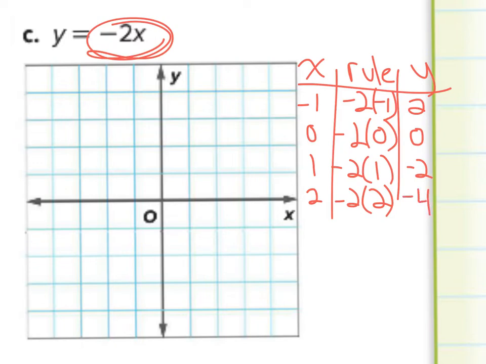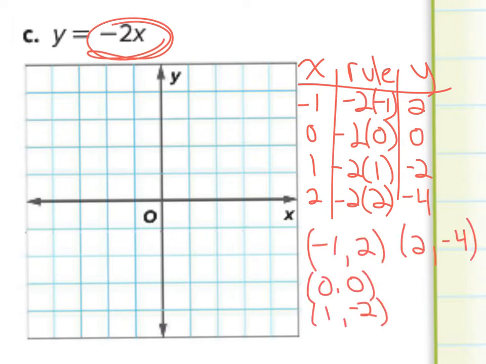And there's my input and output. Now my ordered pairs are -1, 2, 0, 0, 1, -2, and 2, -4. So now we're ready to plot on our coordinate plane. And here's what I get.